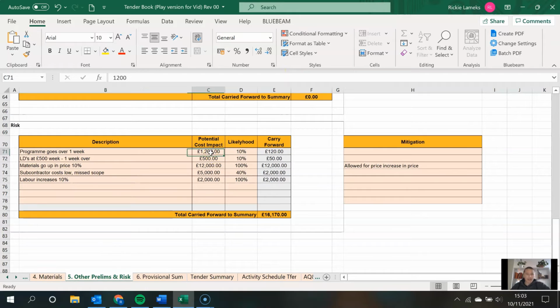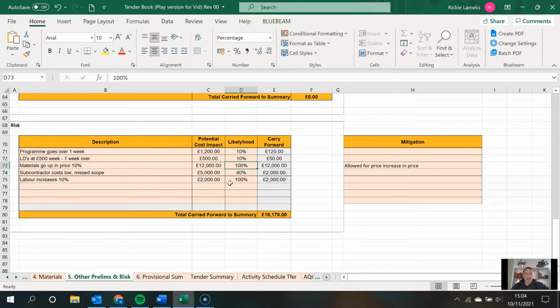Then it's by putting a figure against them of what that could cost. So what would, in the worst case scenario, what would that cost you? And by putting those figures in there, by timesing it by a likelihood, in this instance, we've got labor at 100%, it's going up. We know it's going up. Same with materials.